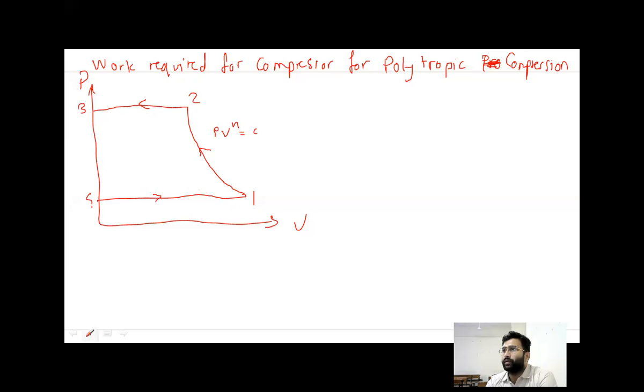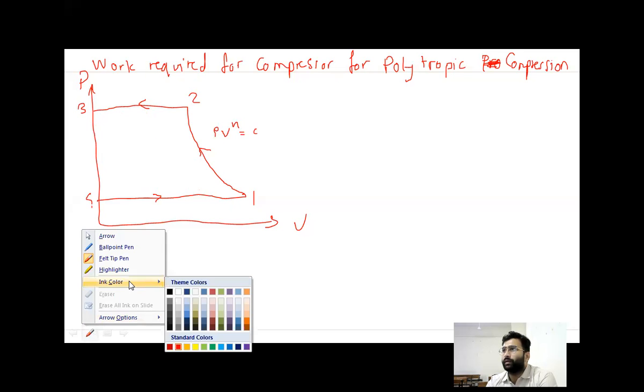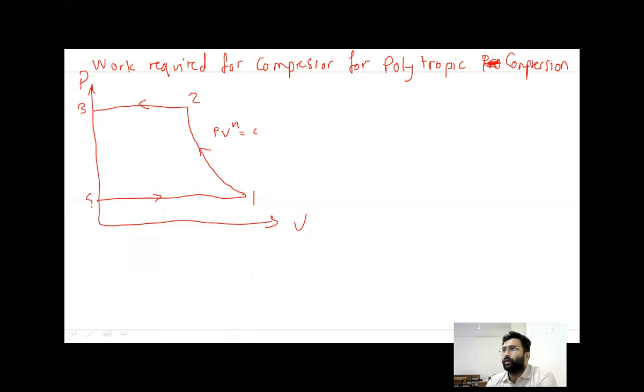Should I change the color? Change the color. I will show the required area and the not required area.